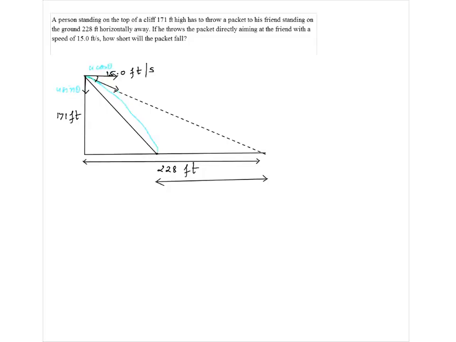For x direction, acceleration is 0. So we have distance equal to speed into time. I am taking downward direction as positive, right direction as, of course, positive.